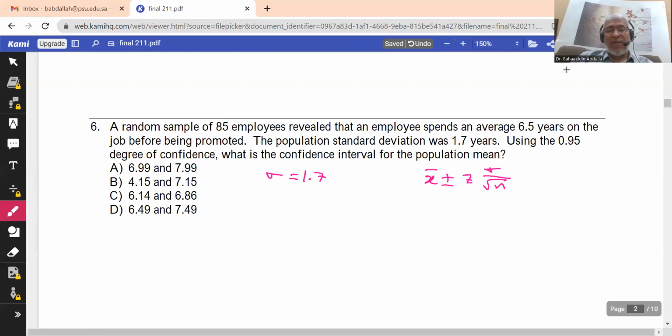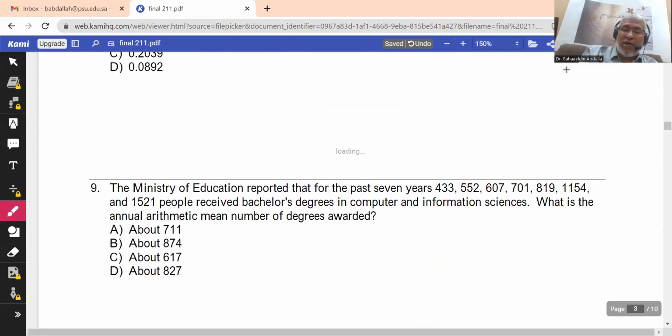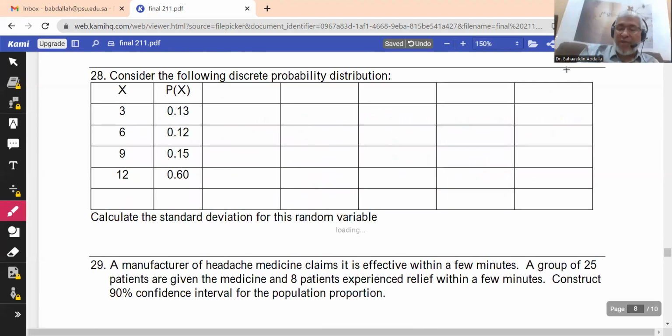So a random sample of 85 employees, this is n, okay, revealed that they spend an average of 6.5. So this is the average of the sample, so this is x bar. The population standard deviation is given. So when we use 0.95 degree of confidence, we can find z either from the z table, or it's easier to find it from the t table.